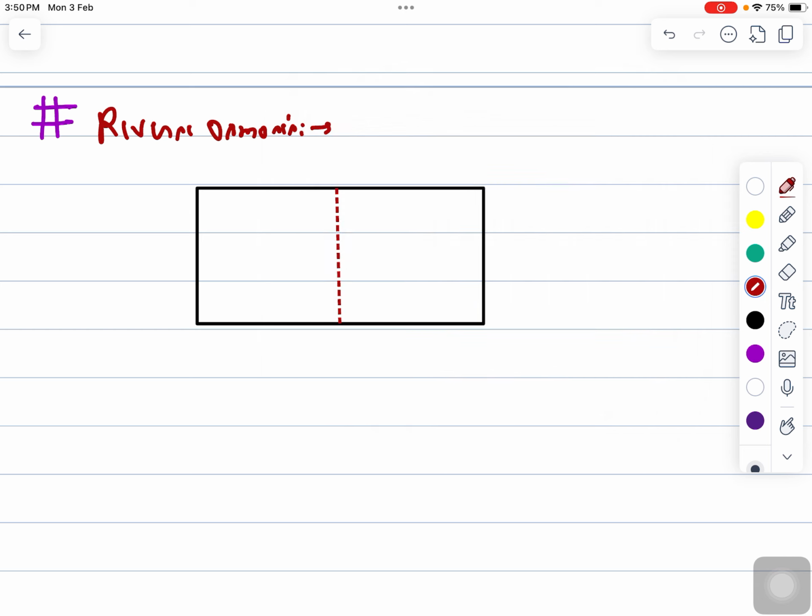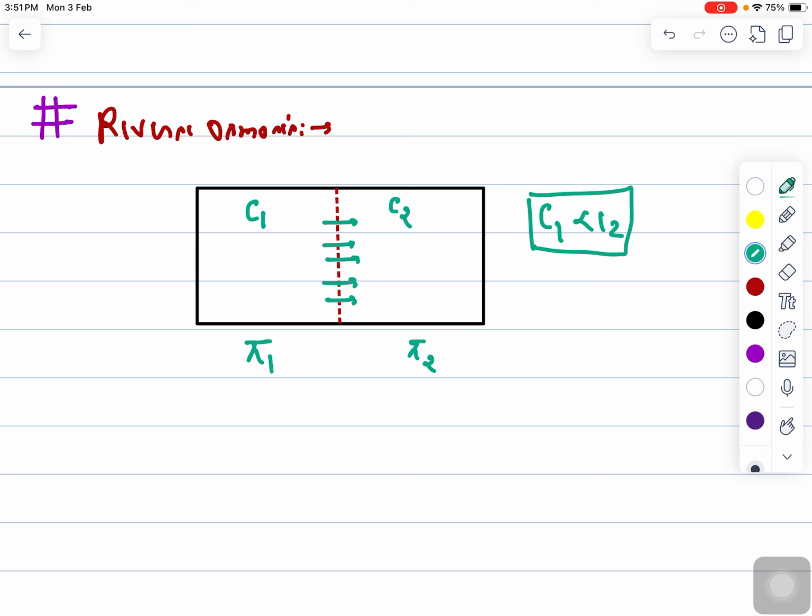This one is semi-permeable membrane, and here concentration of solute was C1 and here it was C2, means osmotic pressure was pi 1 and here let's say pi 2. So water molecules will be there. Earlier water molecules were moving from this side to this side, and this is the case when C1 is less than C2, right?